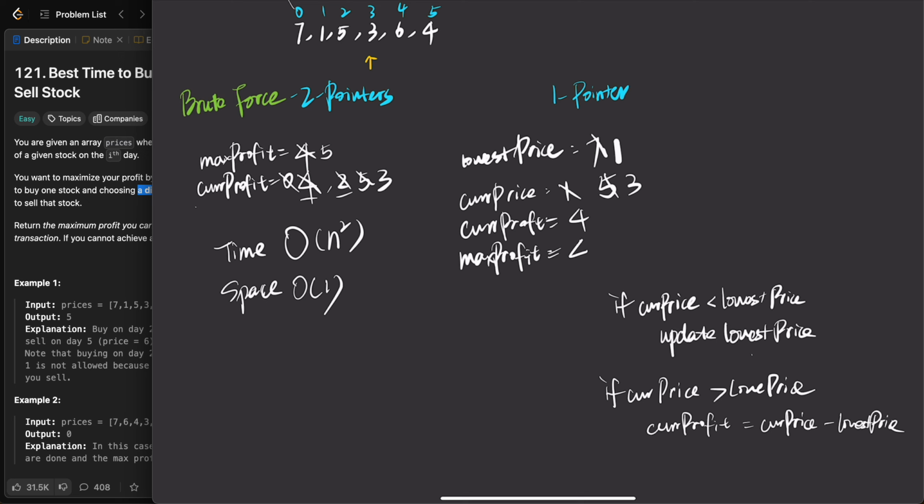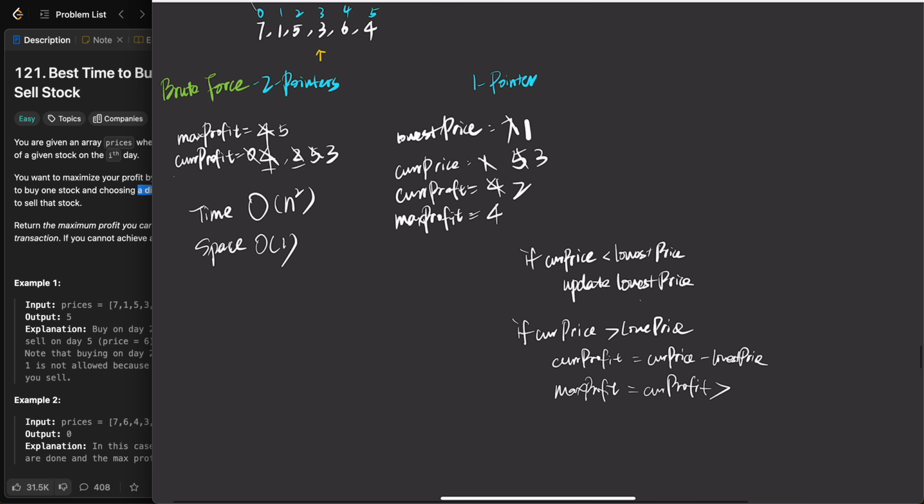Like the maximum profit is 4, but now the current profit is 2, and is 2 greater than 4? If no, we don't have to update it. So even though we calculate the current profit, if the current profit is greater than the maximum profit, we will update it.